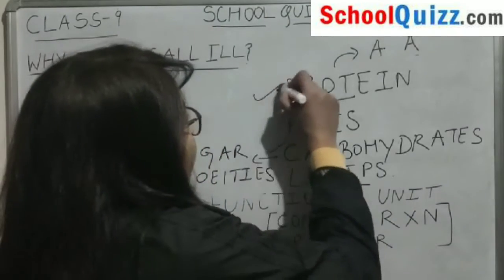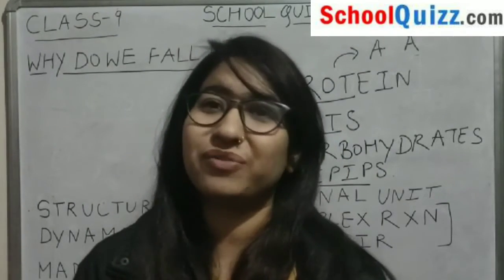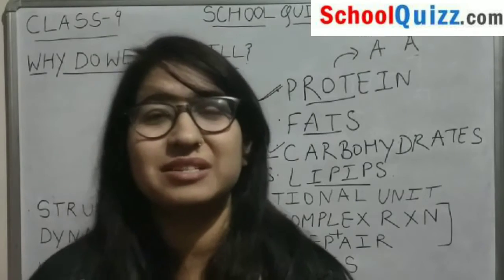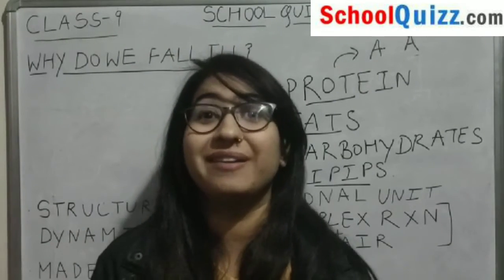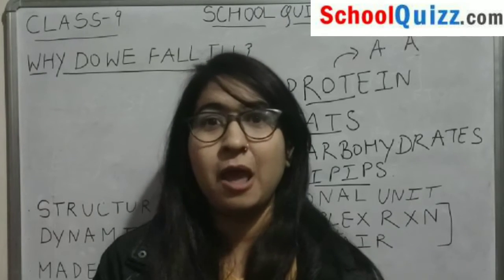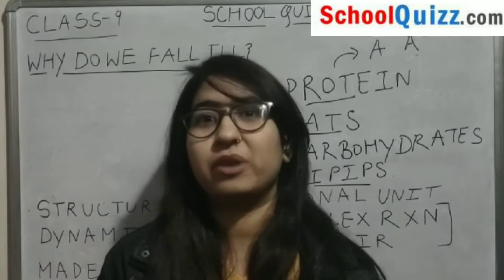When we talk about proteins, protein is very good for our health, and because of that our elders suggest we have paneer in our diet, dal should be included, green leafy vegetables should be taken. But excess of everything is very bad for our body.